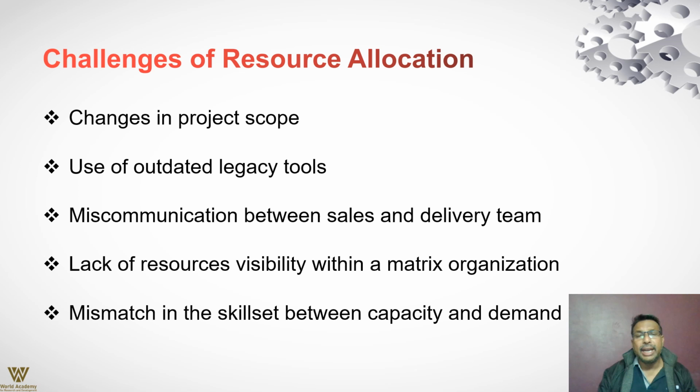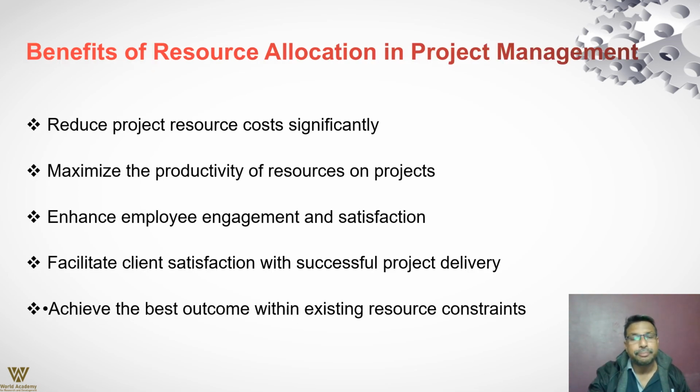Other causes are the use of outdated legacy tools, miscommunication between sales and delivery teams, lack of resource visibility within the matrix organization, and a mismatch in skill set between capacity and demand as and when required. So what are the benefits of resource allocation in project management? First and foremost, it reduces cost significantly.